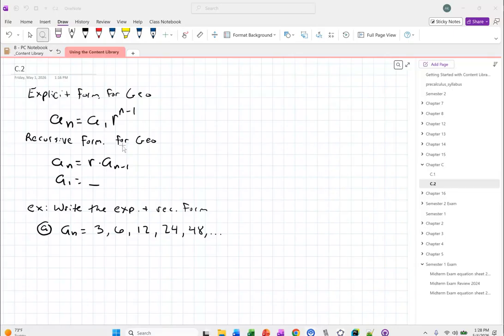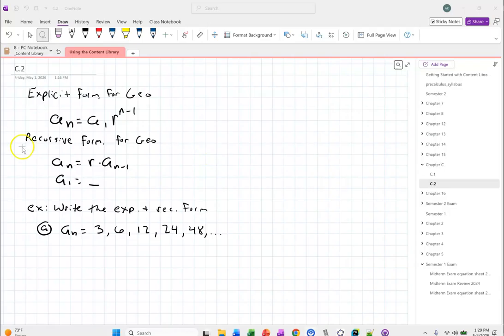Exponential, right? If we look at that explicit formula for a geometric, notice that the n, the independent variable, is in the exponent, just like an exponential function would be. So again, arithmetic, linear, geometric, exponential. That's the key to remembering what to do, because we can treat them the same way we did linear functions and exponential functions, both of which we spent some time studying.